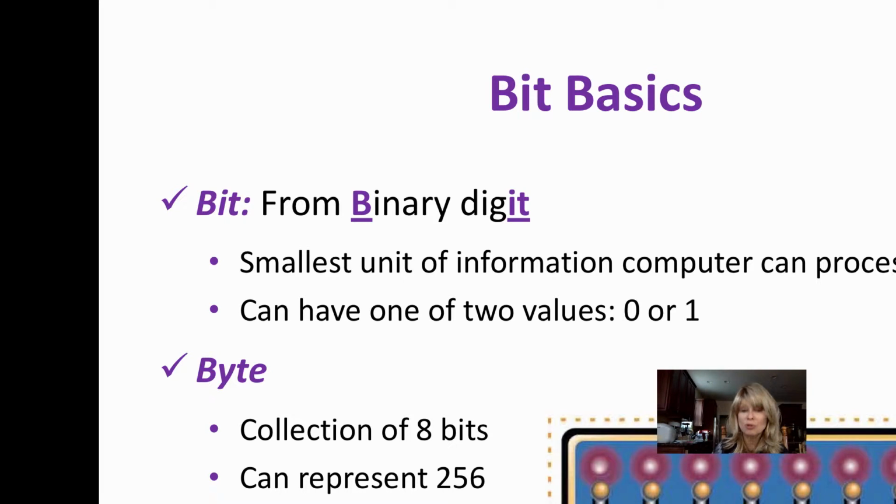So 2 to the third is 8. If you were to do the number 5, for example, there would be a position here, and there would be one here, a 4 and a 1. That equals 5.